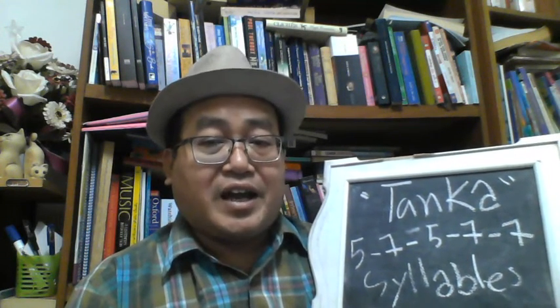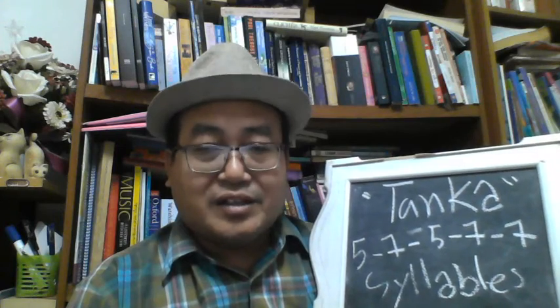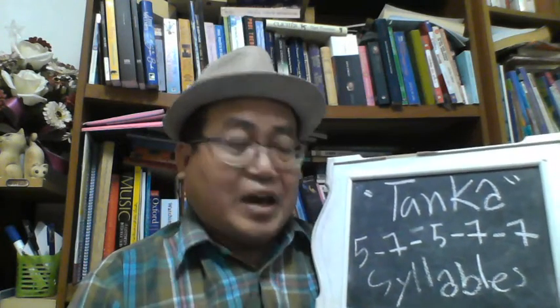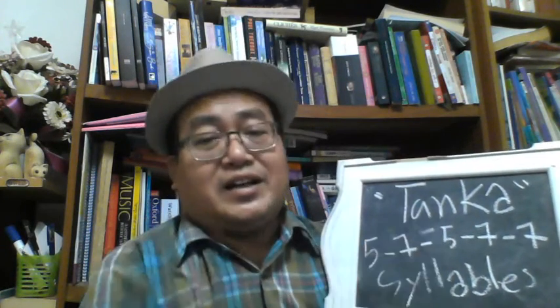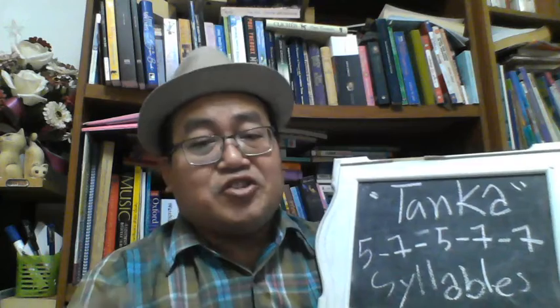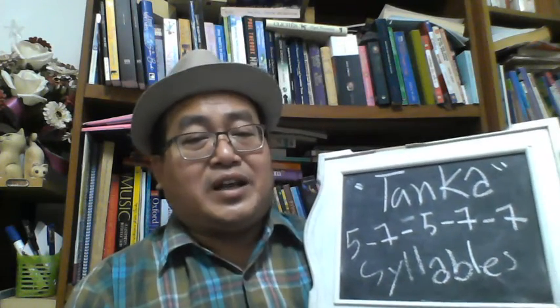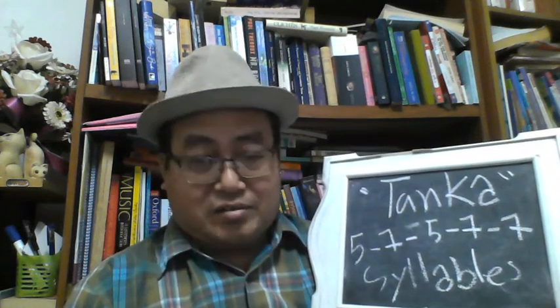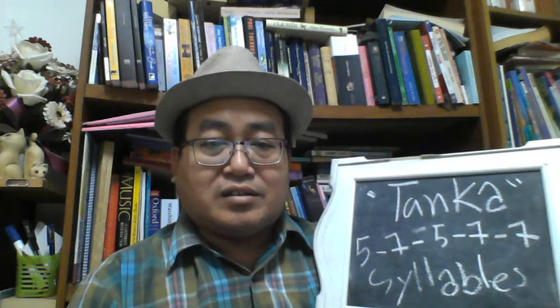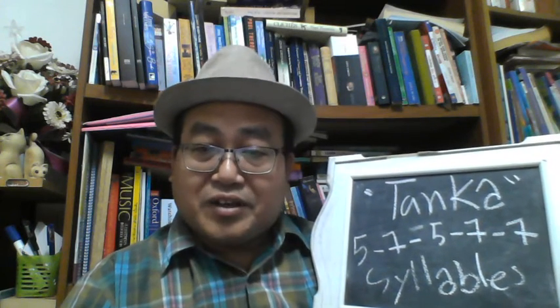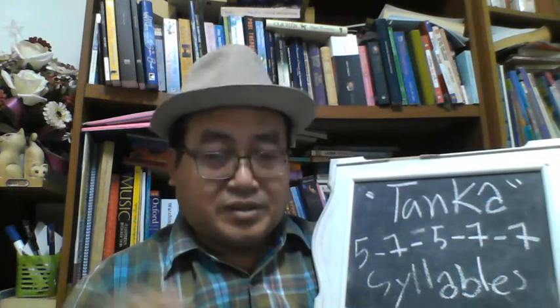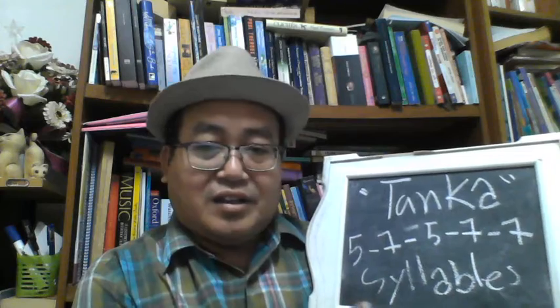The first line has 5 syllables, the second seven, and the third five. So a tanka is, you can say, an extension of a haiku. But let me tell you that a tanka is not a haiku. It has a specific purpose in the form.